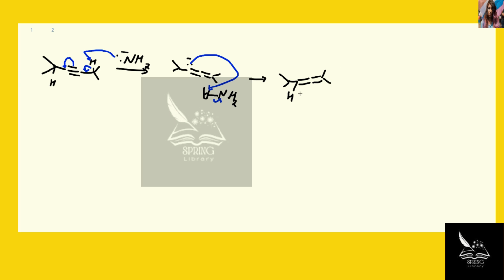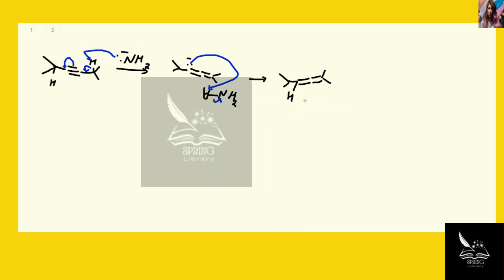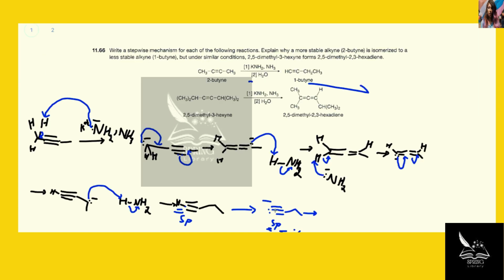Now you can see that there are no more protons on this side for me to take. If I were to take the left proton, then I'll just reform my starting material here. So this is essentially the final product as we see in the products. But why is this isomerized product not as favorable as our terminal alkyne, even though this forms a more stable product?